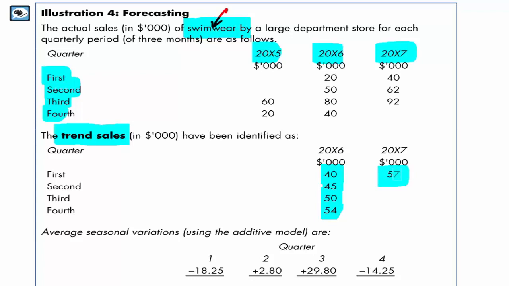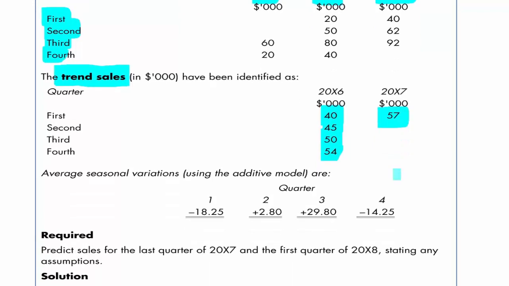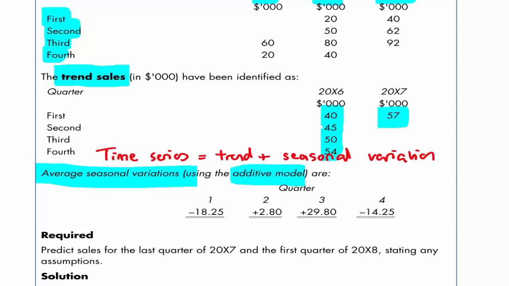Then to work out seasonal variation, we would compare the actual data to the trend data and work out the average variation in each quarter. This has been done for you. Here we're using the additive model. So remember, that means that the time series equals trend plus seasonal variation. So quite a lot has been set up here.